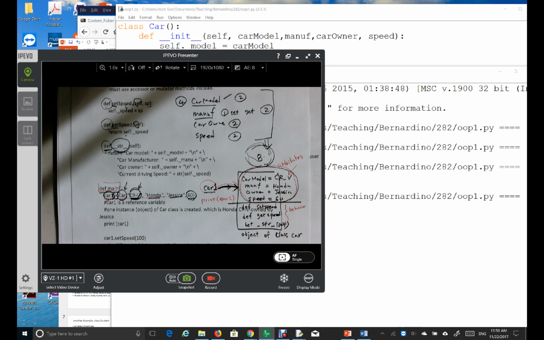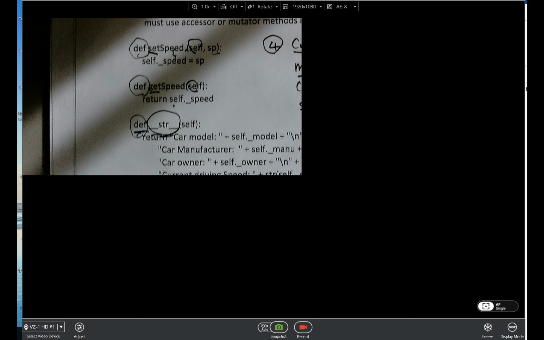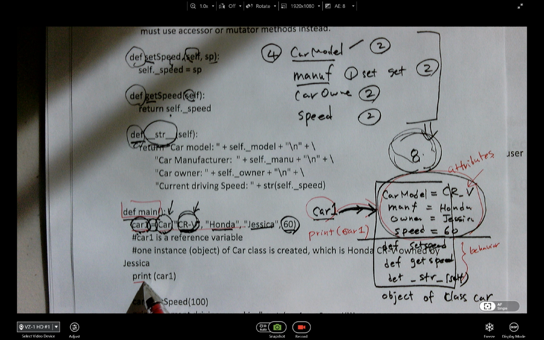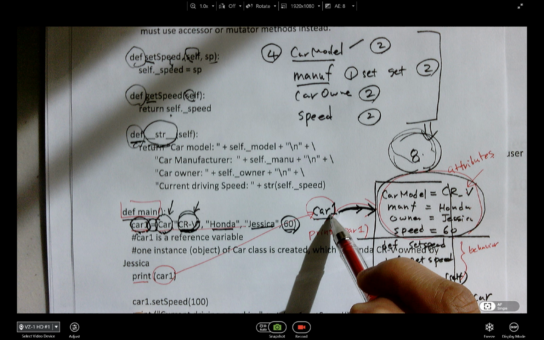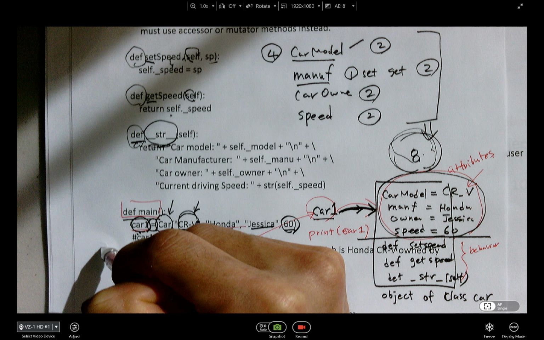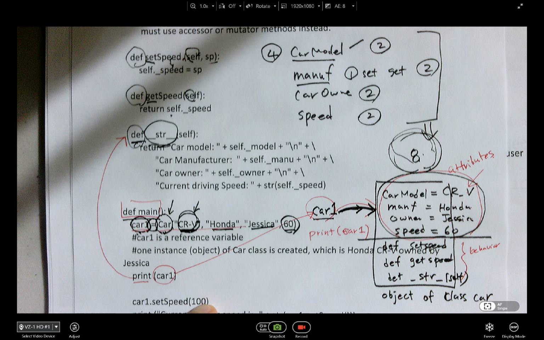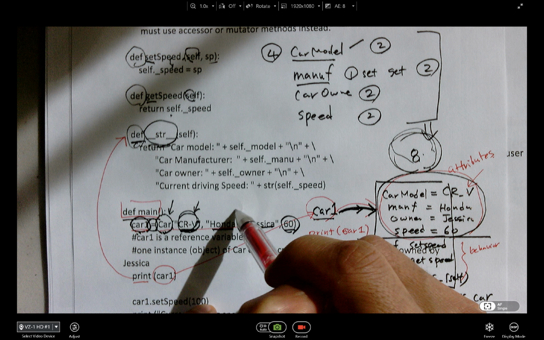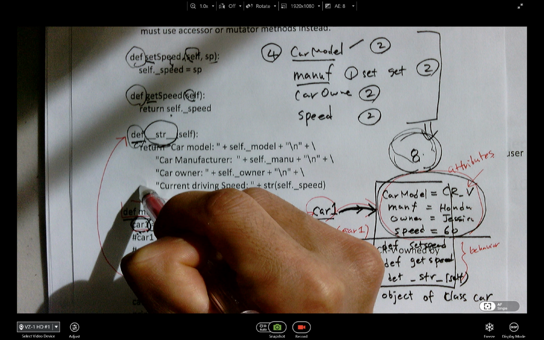So to print all these values, you need to implement the string method. What happens is, when the print function looks at the reference variable, which is car1, it automatically calls the string function, if the string function exists. So it's very important to implement these string functions.